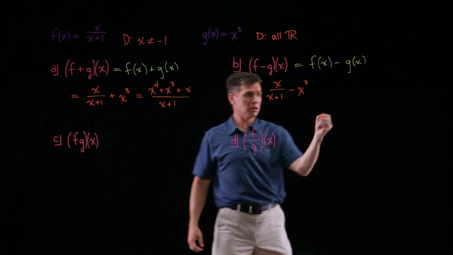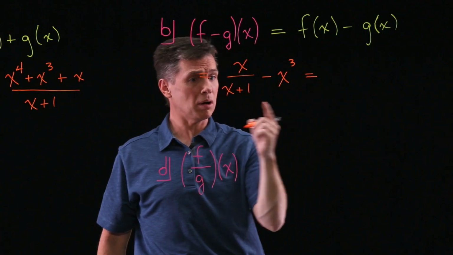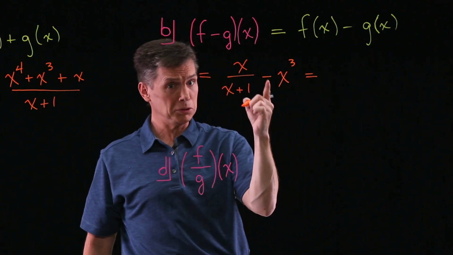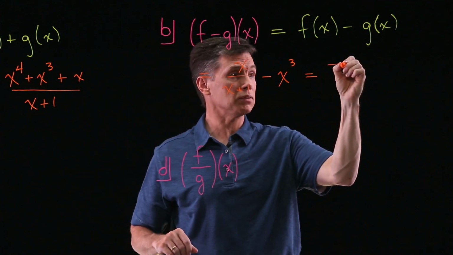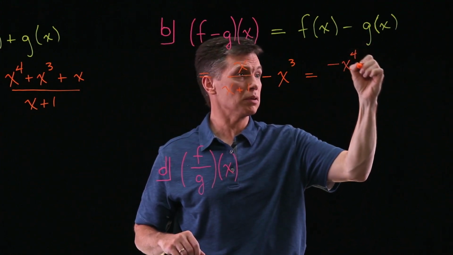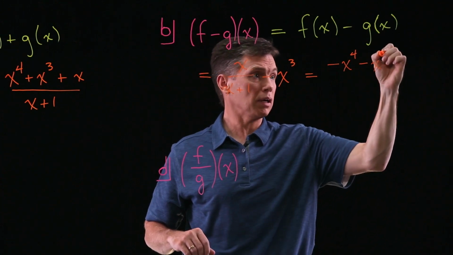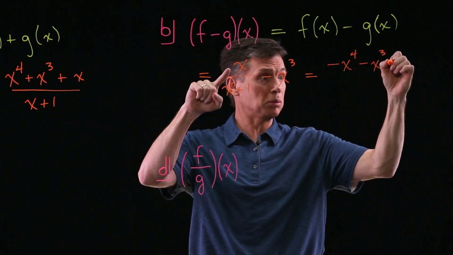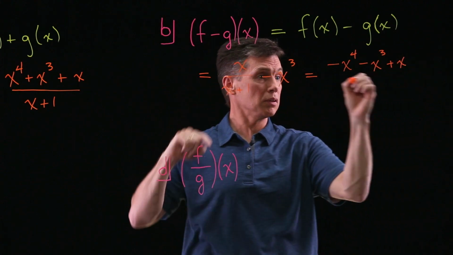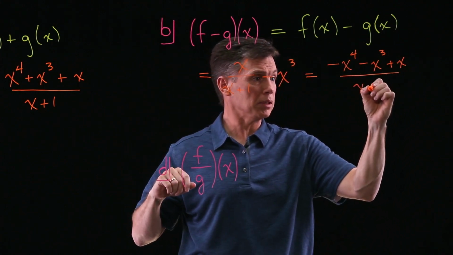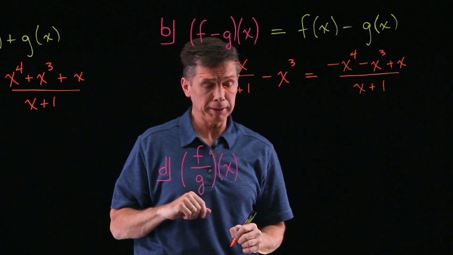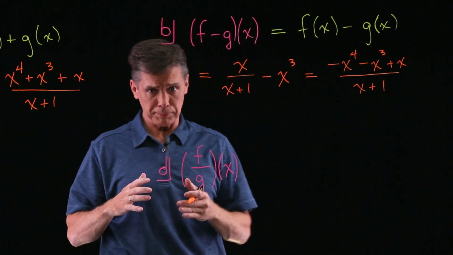I'd like to get a common denominator again. It's that same denominator of x plus 1. I do want to keep an eye on that minus sign, though. So this would actually be minus x to the 4th minus x cubed. This would still be a positive x, still divided by x plus 1 for the denominator. Okay, done with part B.